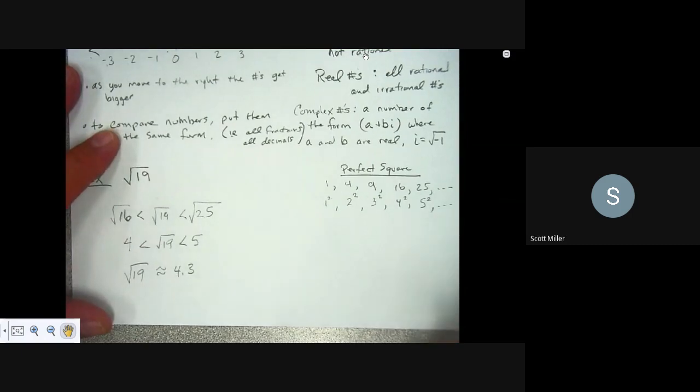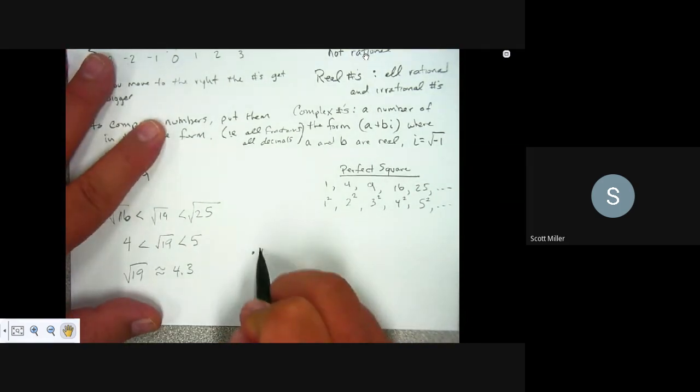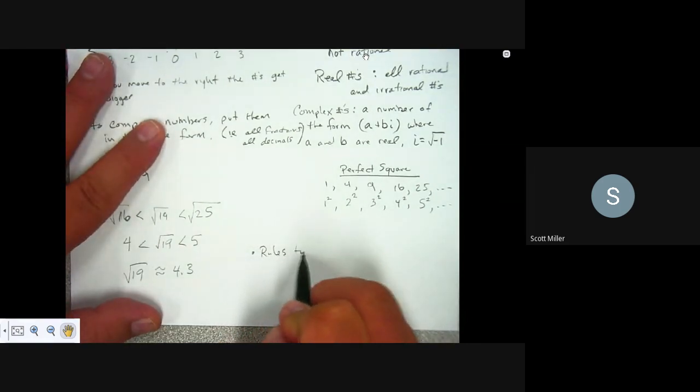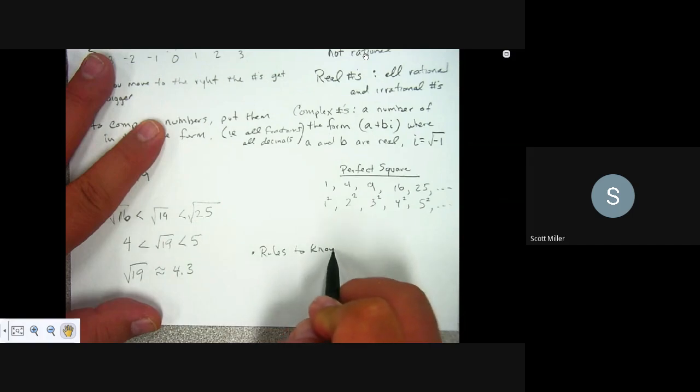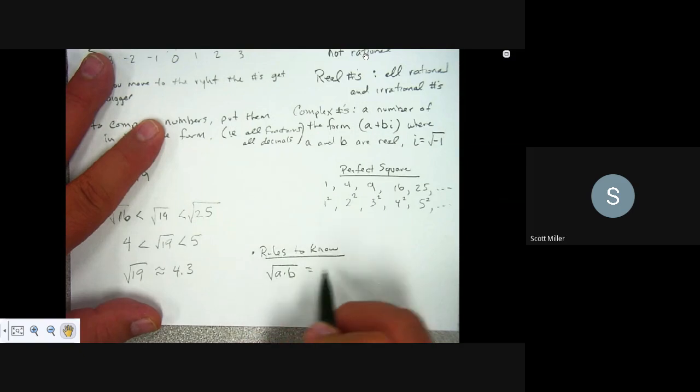So these are some of the things you're going to be doing in your homework assignment today in just a moment. Some rules I want you to know will also help you with simplifying some radicals. And we'll explore this in a little bit more detail as we move along through this class. Okay? So here are some rules to know about square roots. If I have a square root and a product underneath it, I can split the square root like that.